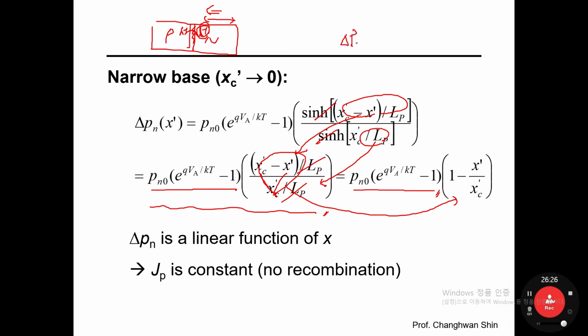I'm talking about this delta p sub n as a function of x. Under forward bias, holes are injected into the n side, and how many holes have been injected into the n side can be described with this term delta p sub n as a function of x.